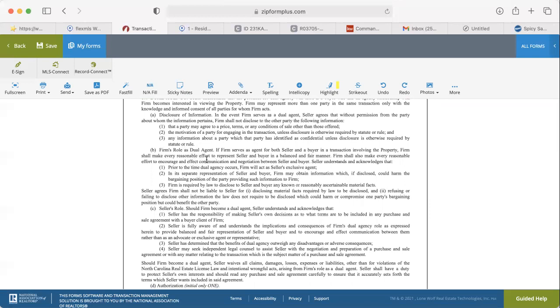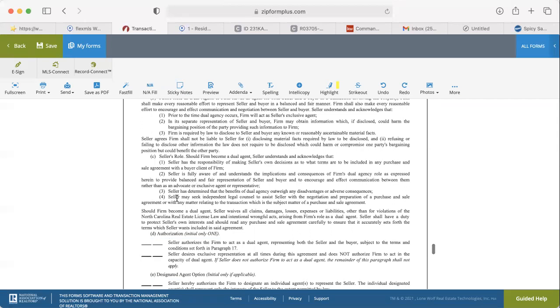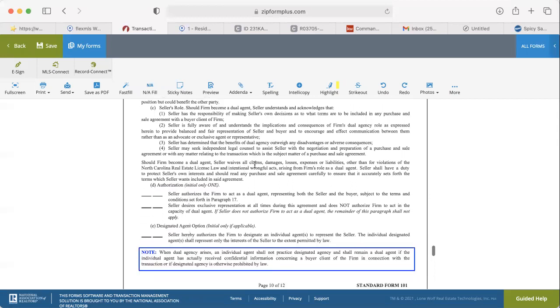So this talks about the role in dual agency, the seller's role, and then if the firm shall become a dual agent, the seller waives all claims, damages, losses, expenses, or liabilities other than for violations of the North Carolina real estate license law and intentional wrong acts arising from the firm's role as a dual agent.